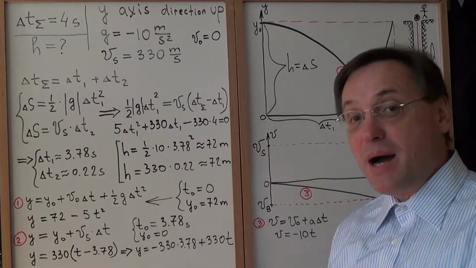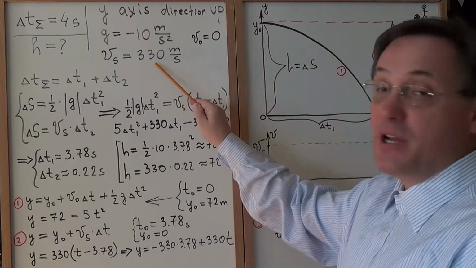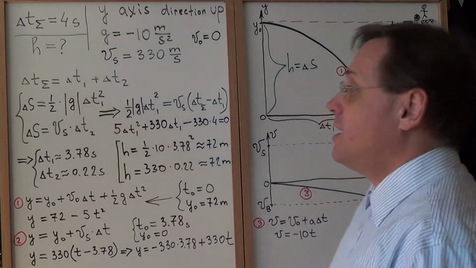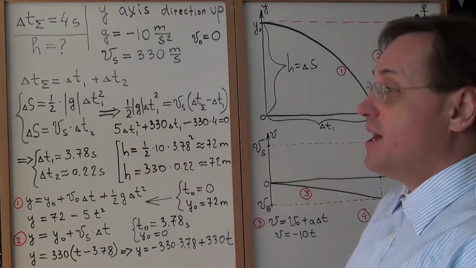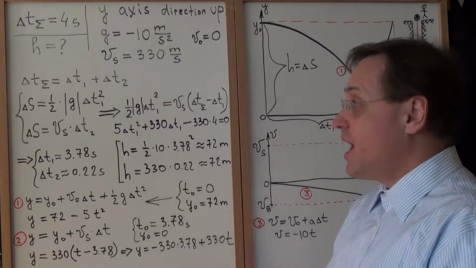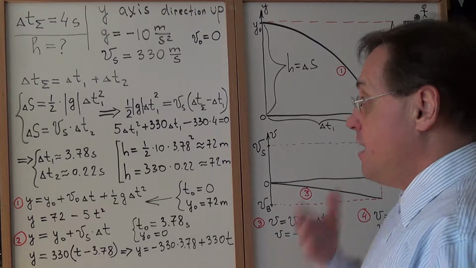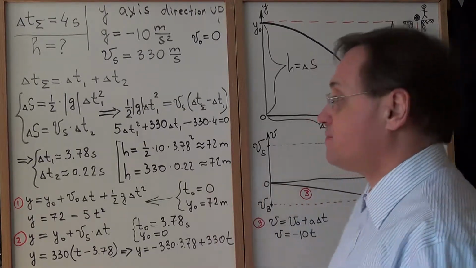And from the bottom up to us it will be the speed of sound, 330 meters per second. So the total time is the sum of 2 times: first, the time of the rock falling down, and second, the time of the sound coming up to us.